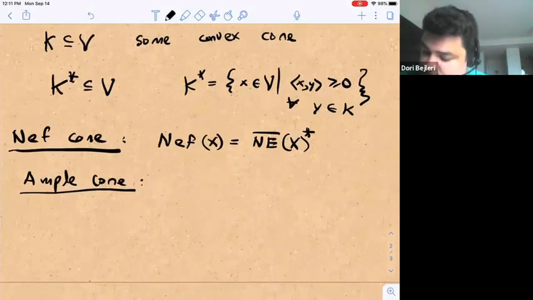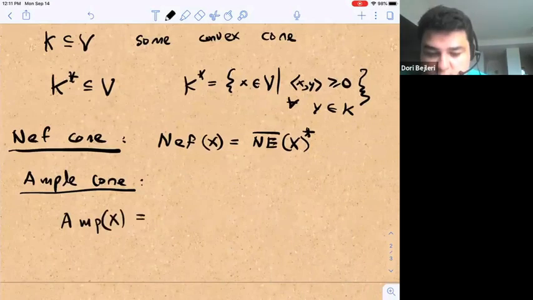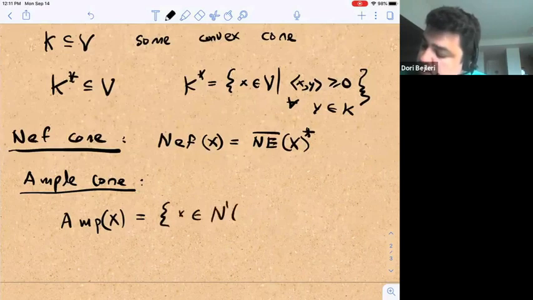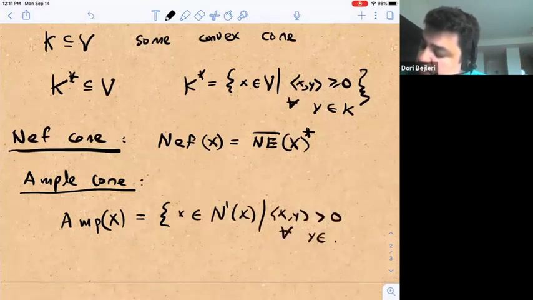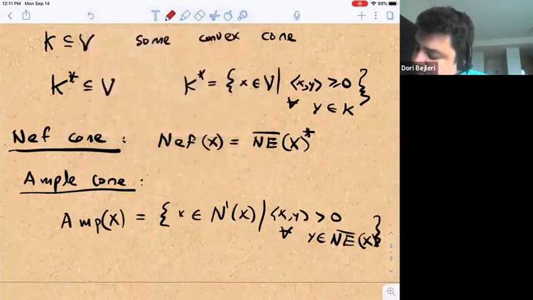So Kleiman's criterion told us that this ample cone was the same as the set of X in N1 such that X paired with Y is strictly positive for all Y in NE-bar X. So it's a restatement of Kleiman's criterion for ampleness.